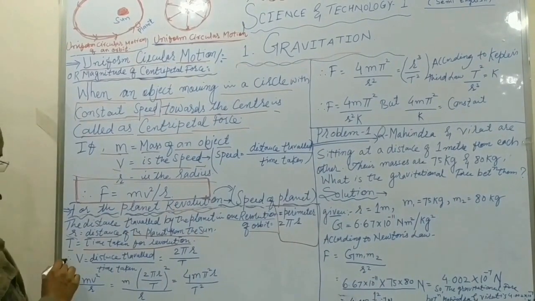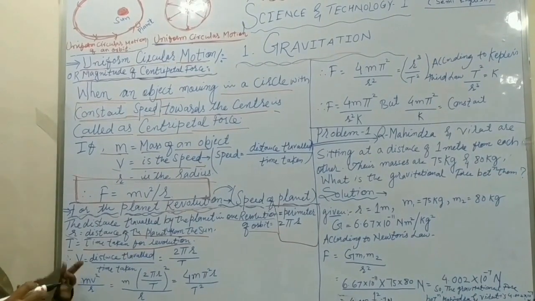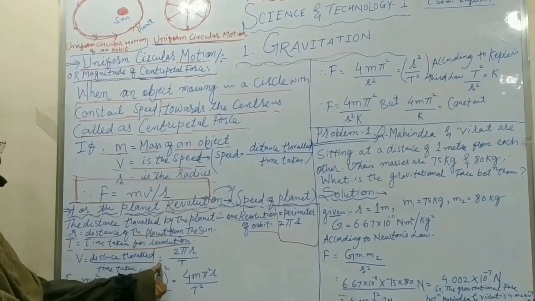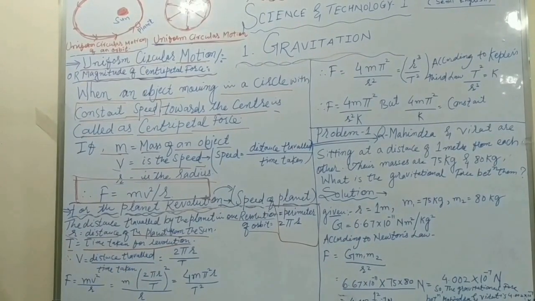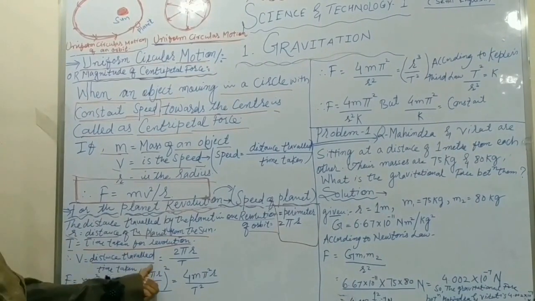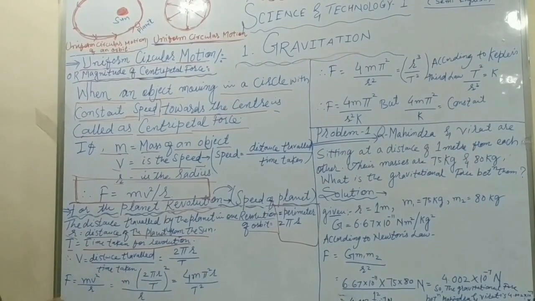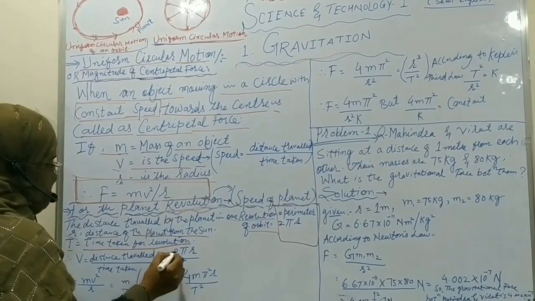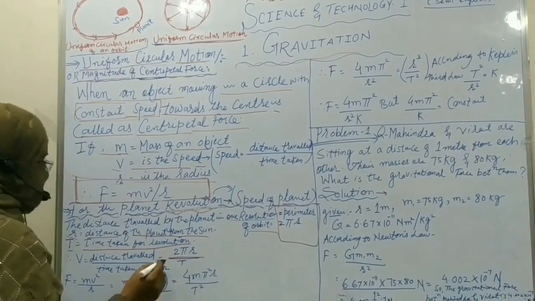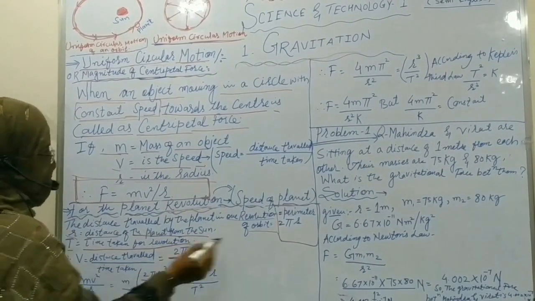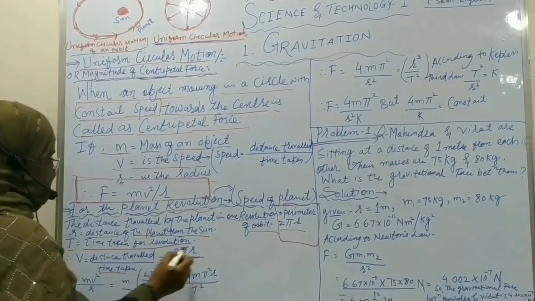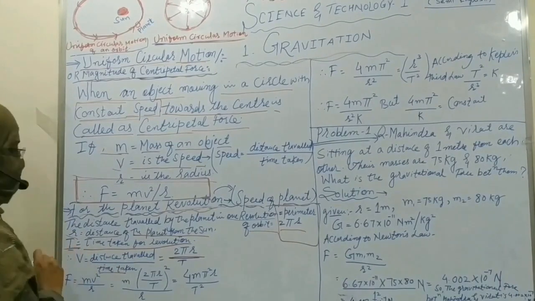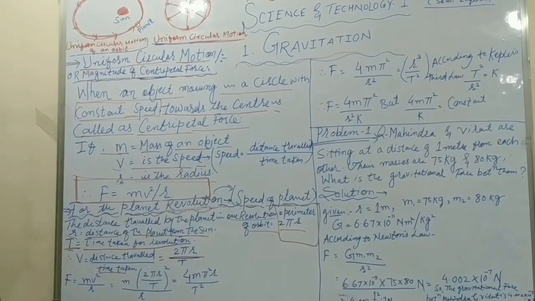So the formula is v is equal to distance traveled by time taken. We put the values: distance traveled is 2 pi r, divided by the time taken, T.